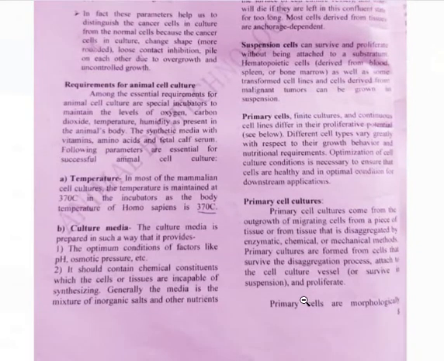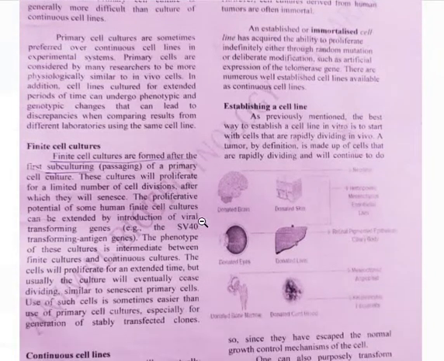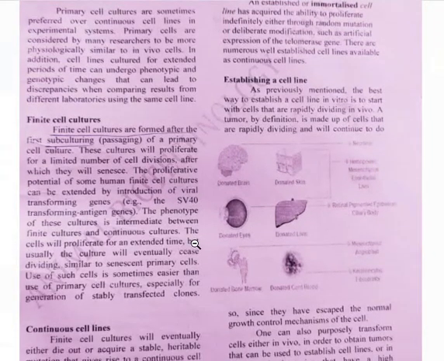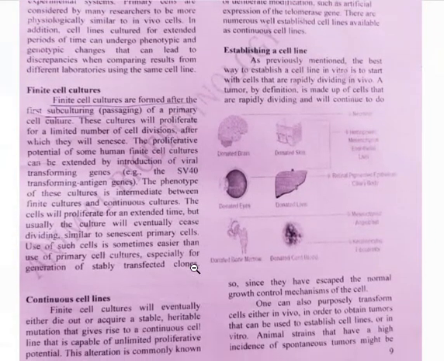Primary culture, as we discussed, can be done only up to a limit. The primary cell culture will take its characteristics from its parent cell only up to a limit. After that, we should go for a secondary cell culture. Finite cell culture will divide only up to a limit.